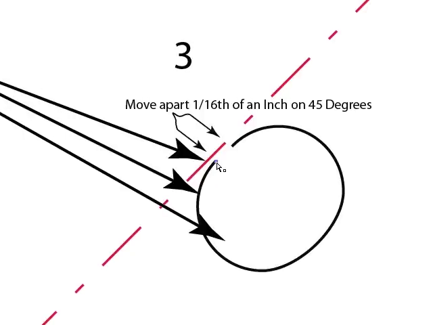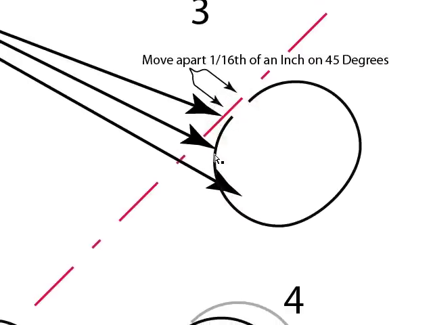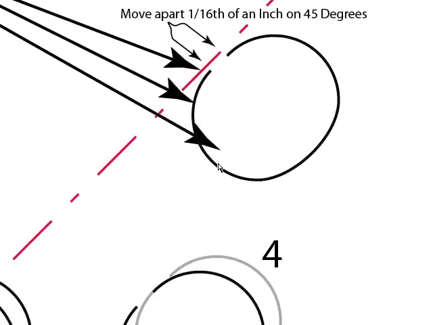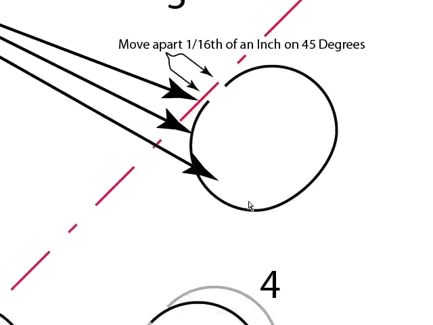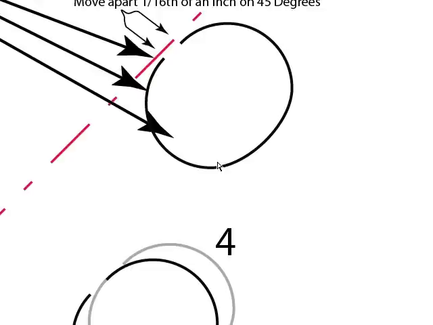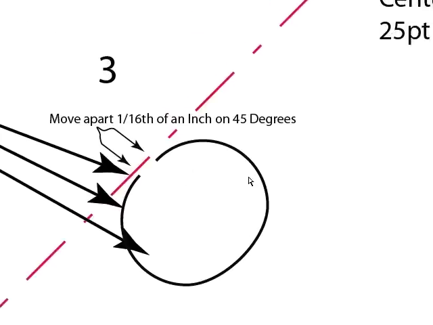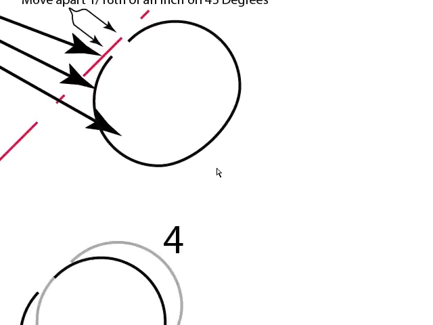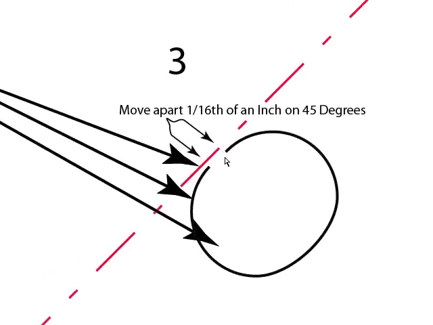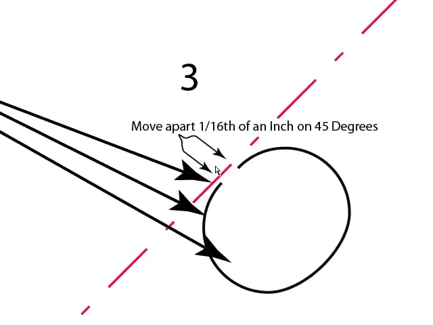You select each point on the circle, and once you get that point selected, you come along here and get each point on the front half of the circle selected so there's a solid color. The rest of the points will be white. Then you pull this apart 1/16 of an inch.